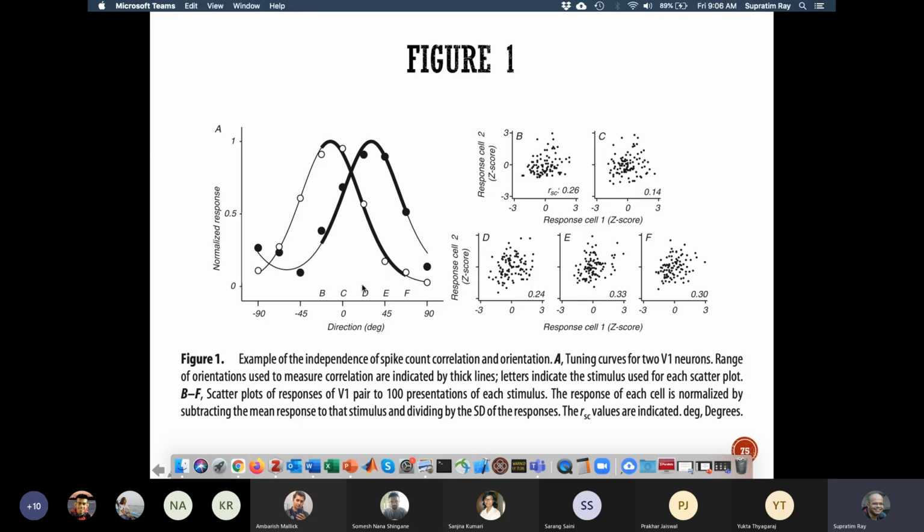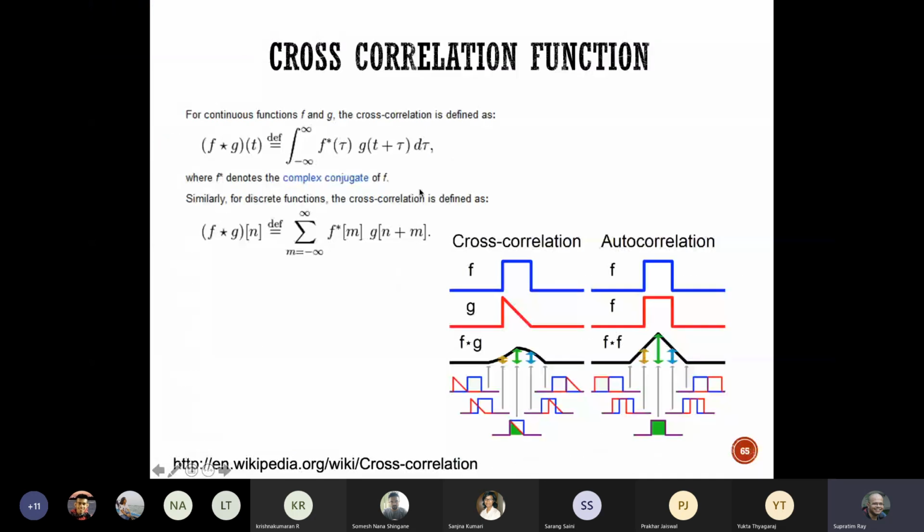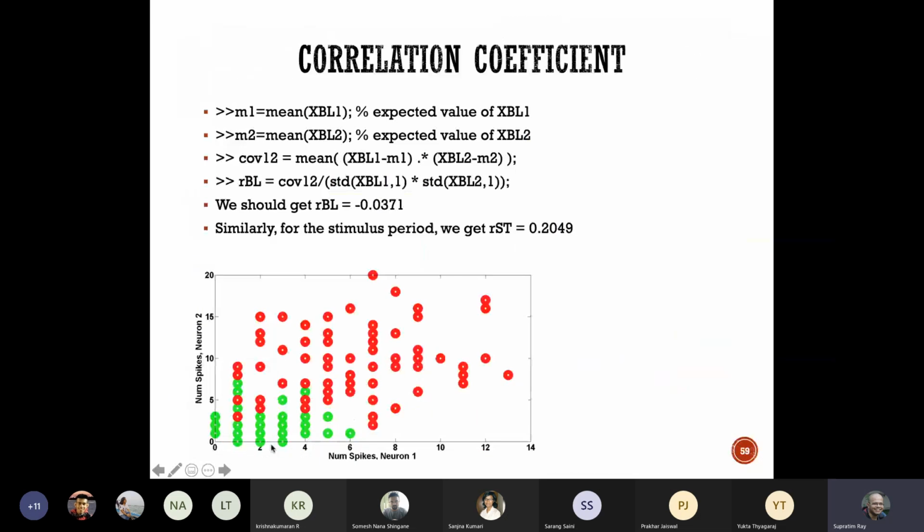And we computed the spike count correlation for that orientation. Remember, this is the spike count correlation: the number of spikes from neuron 1 versus the number of spikes from neuron 2 when the stimulus was the same. These are 76 dots, each corresponding to one trial, and this is the spike count correlation, which in this case is 0.2 during the stimulus period.